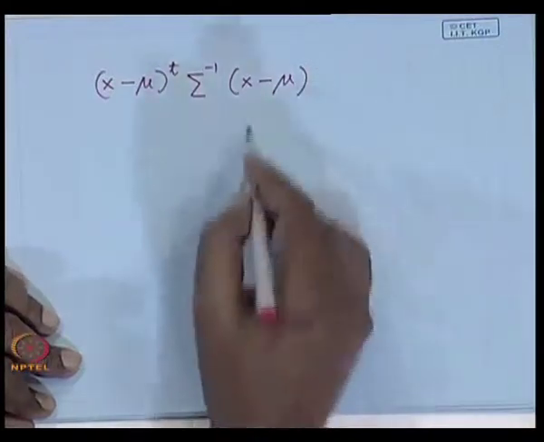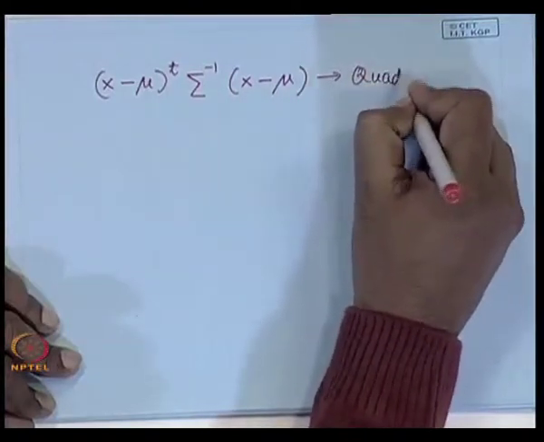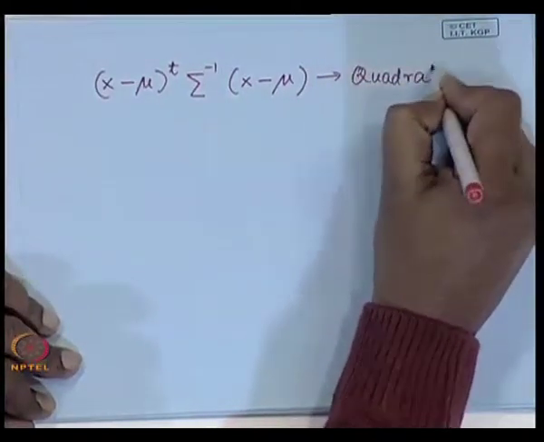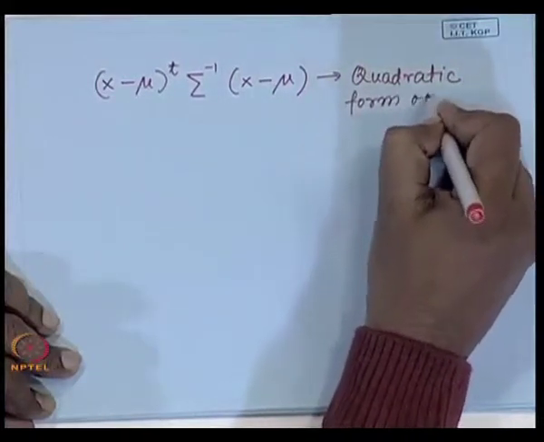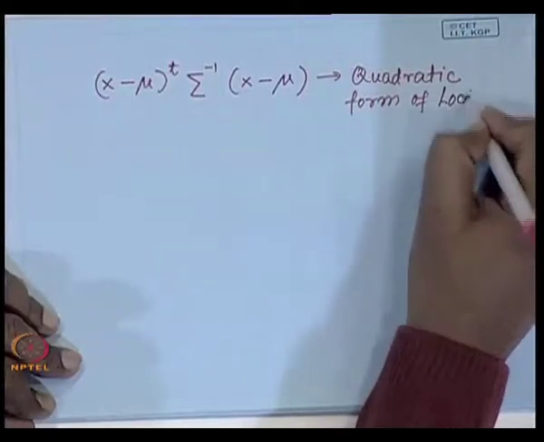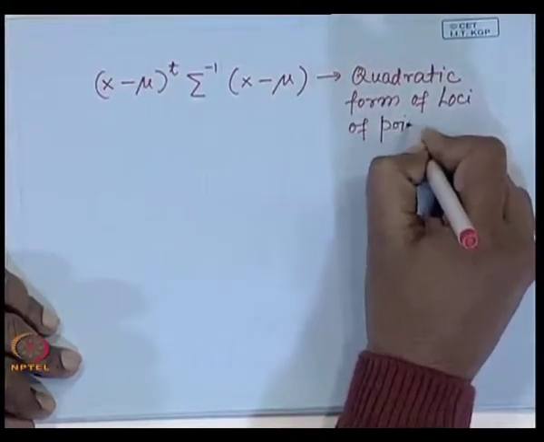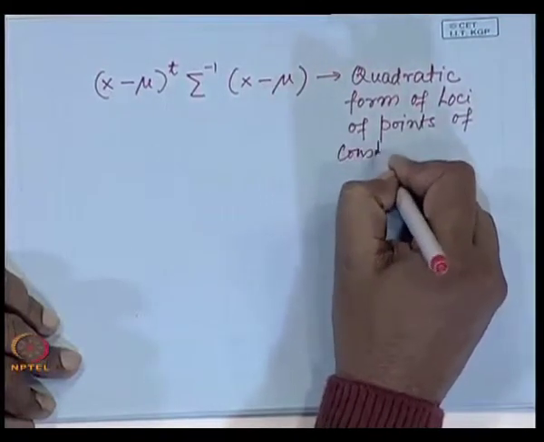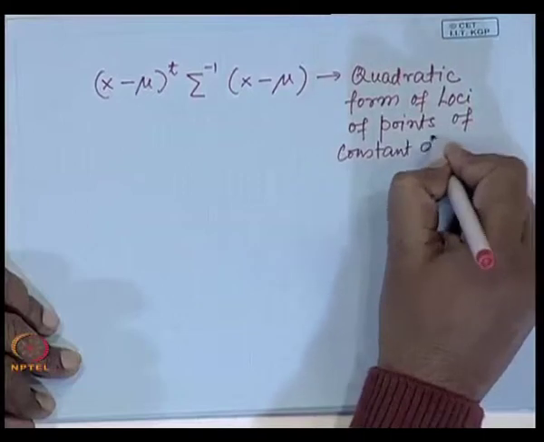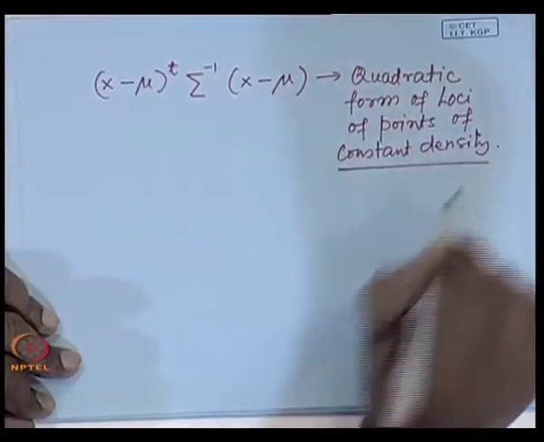Okay. So, this is the quadratic form of the loci of points of constant density.